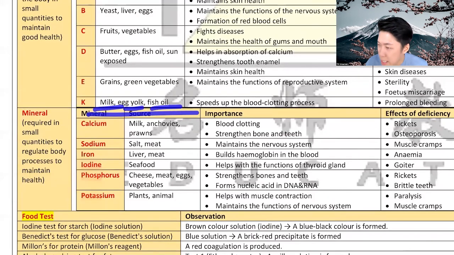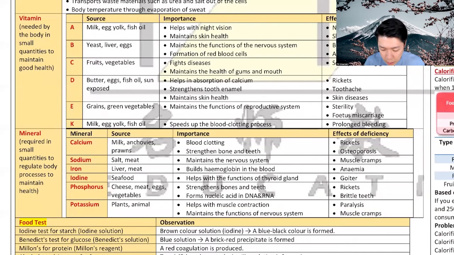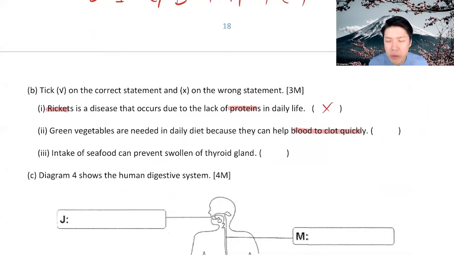So it seems like there's nothing to do with it, right? But green vegetables have vitamin K as well. So that helps in blood clotting. So that will be a correct answer. Generally, vegetables are good sources of all vitamins and minerals. So green vegetables actually help in a lot of aspects. This will be a correct answer, by the way.